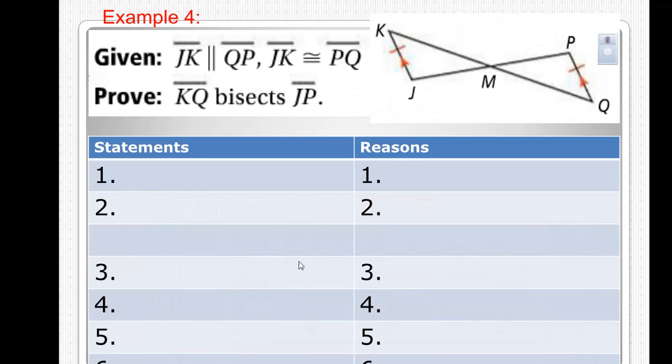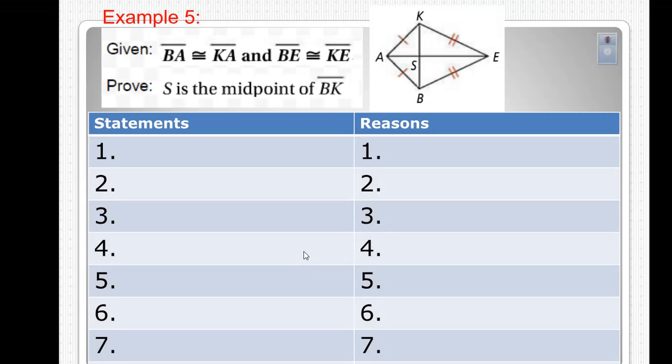All right, let's take a look at our last one. So now we're trying to prove that S is the midpoint of BK, this line segment here. What we've been given is that BA is congruent to KA, and that BE is congruent to KE.